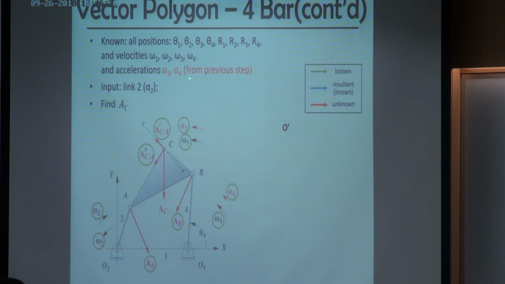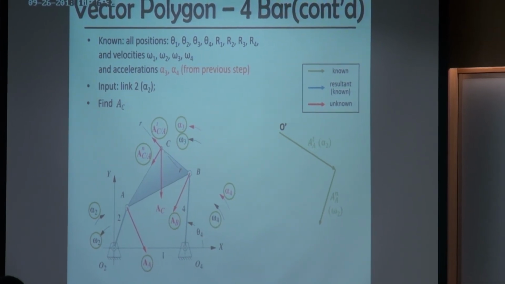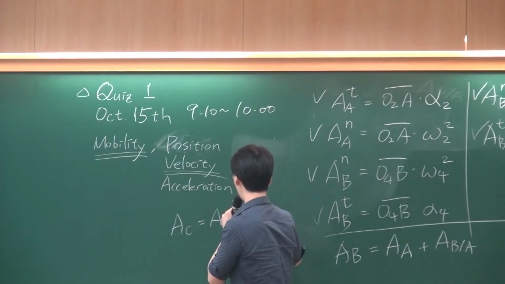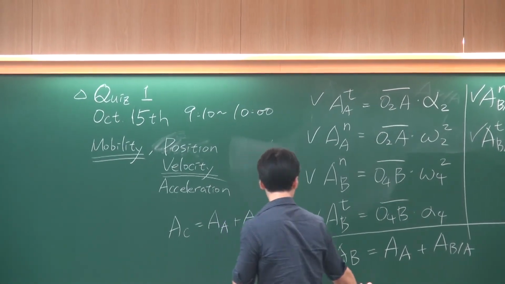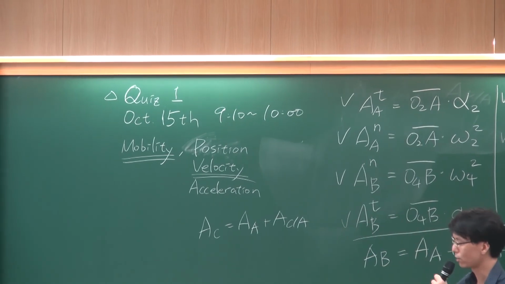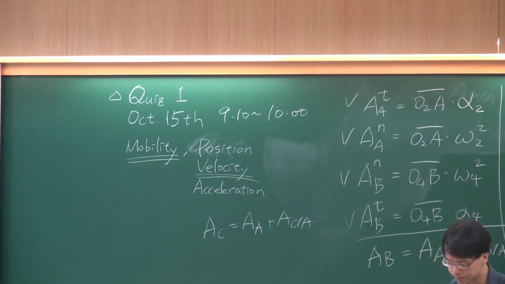So let's work on it. Here, AC can be represented as AA plus ACA. So we'll try to draw a polygon that includes all these three terms.